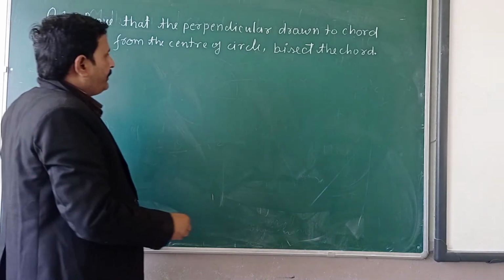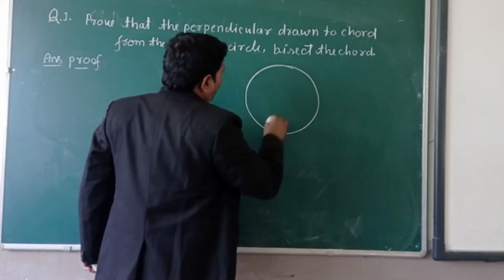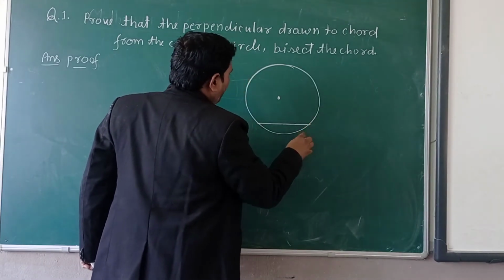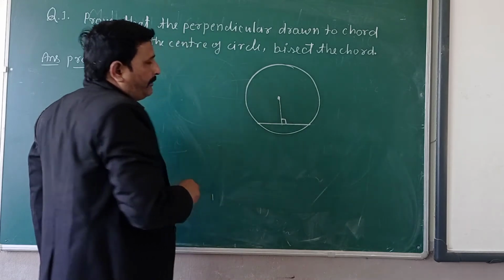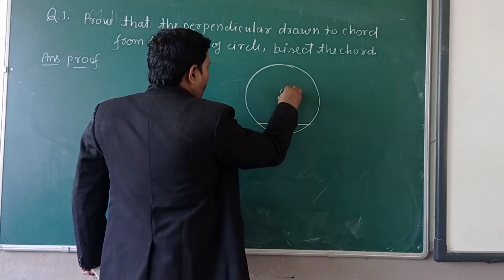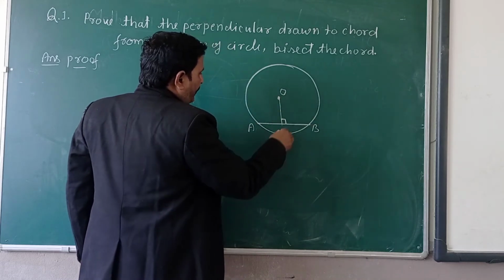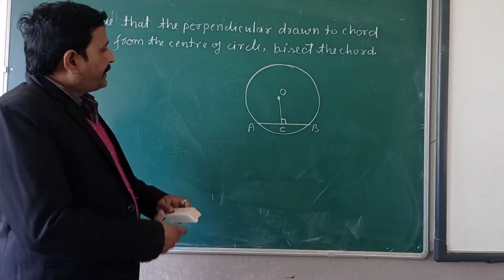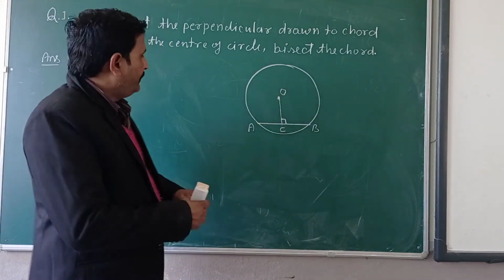Your question is this: this is a circle, this is the center, this one is a chord. The line is drawn perpendicular to the chord, let O be the center, the chord is AB, and the point on the chord is suppose C. It bisects, so you have to prove that AC is equal to BC.